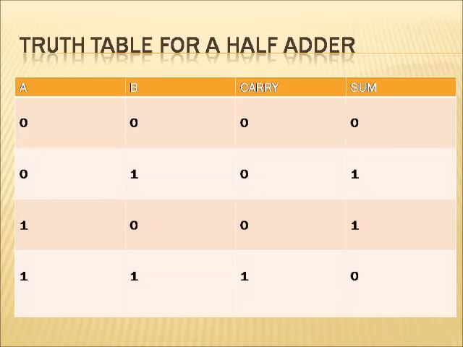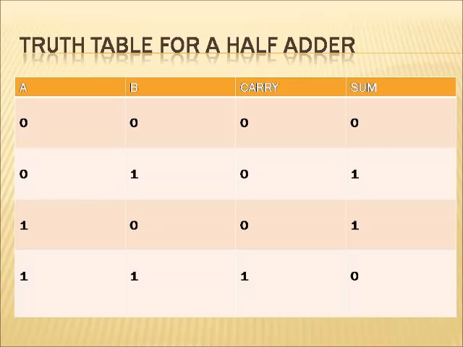Then when we add A equal to 1 and B equal to 1, we get 1 plus 1. In binary digits we use only 0 and 1. In the decimal way, 1 plus 1 is equal to 2.